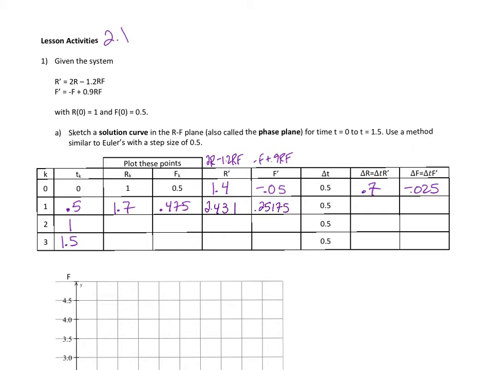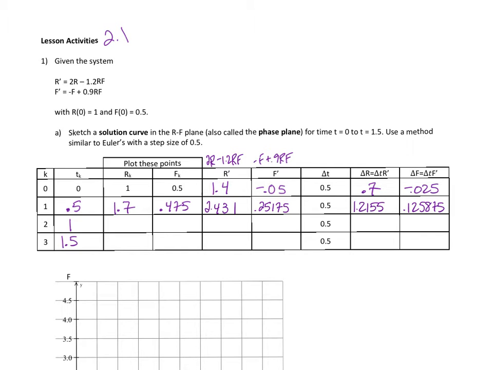And then calculate delta r and delta f by multiplying delta t times r prime and f prime. So delta f is going to be 0.125875, and delta r is 0.5 times 2.431, which is 1.2155. Okay.